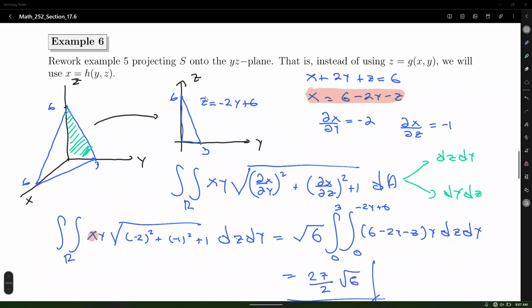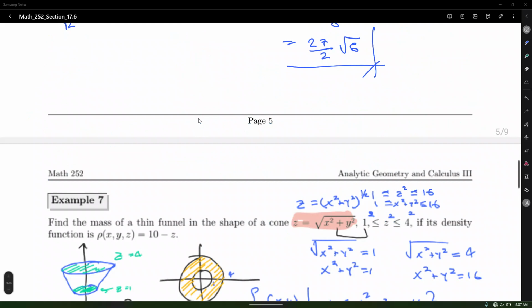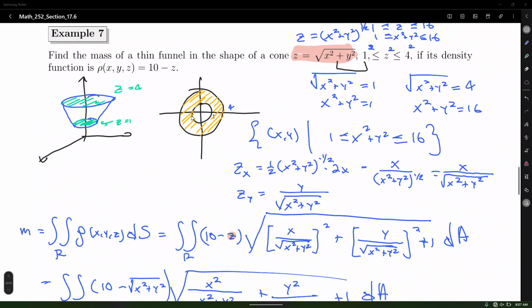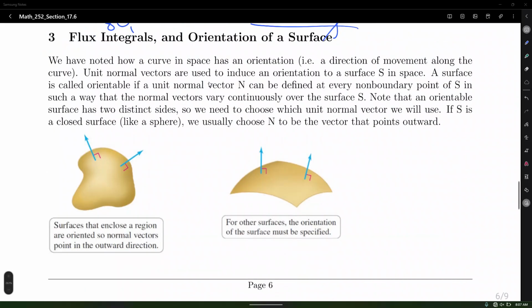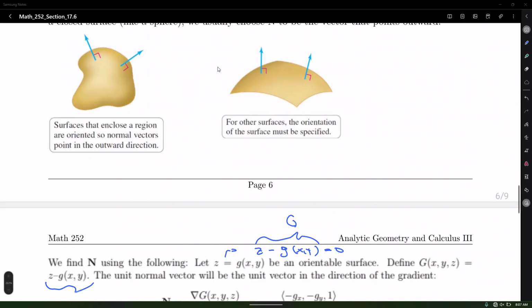However, that function would be a function whose dependent variable is x, and the independent variables are the ones involved in the differential, y and z. All right. So we did one example, and then we applied it to finding the mass of this funnel. Yeah, we had fun with that one, and then we went to describe these flux integrals.